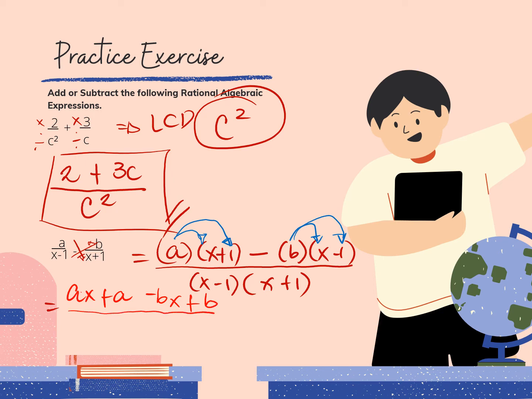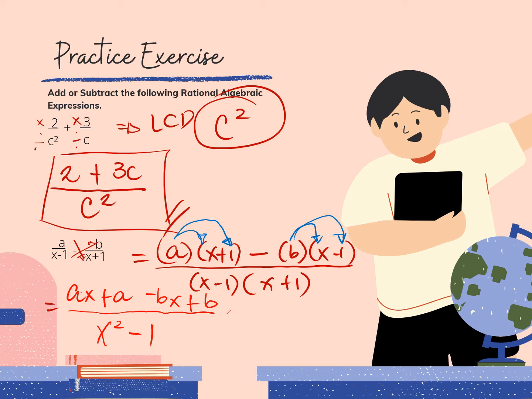So, we have the product of the sum and difference of two numbers, which can also be expressed as the difference of two squares, no? So, square lang natin yung mga number. So, you have x squared minus 1. That's how we can express it.